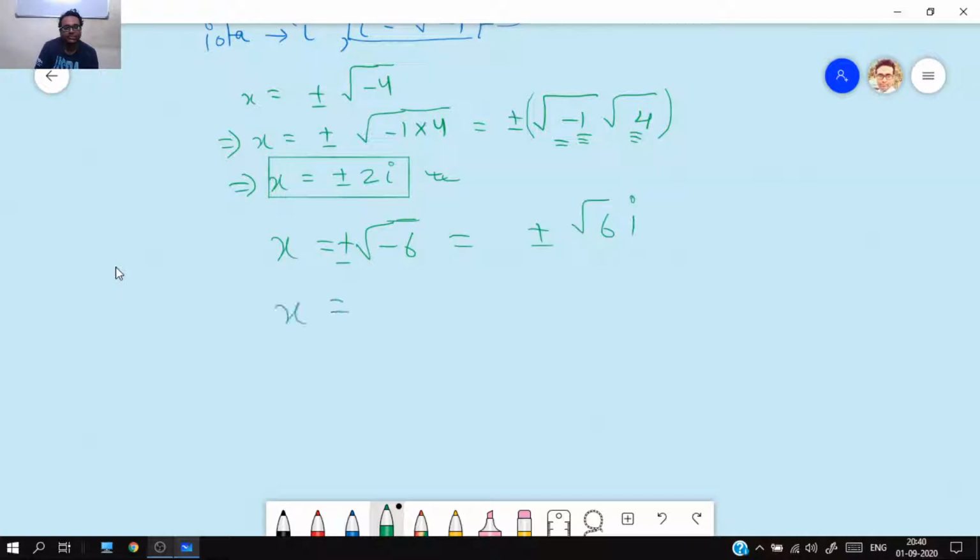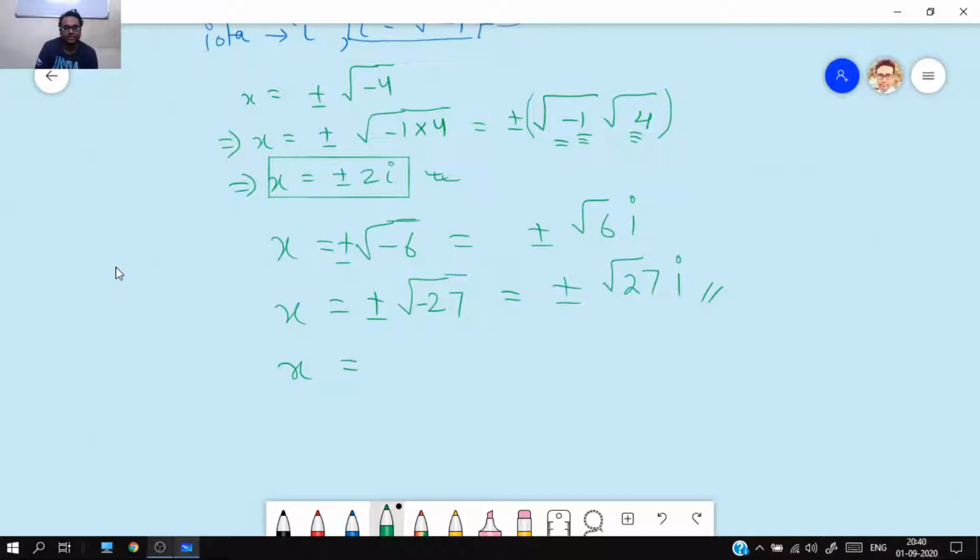If x is equal to plus minus under root minus 27, what will be the value? Plus minus under root 27 i. We can break this further, but that is not our area of interest.